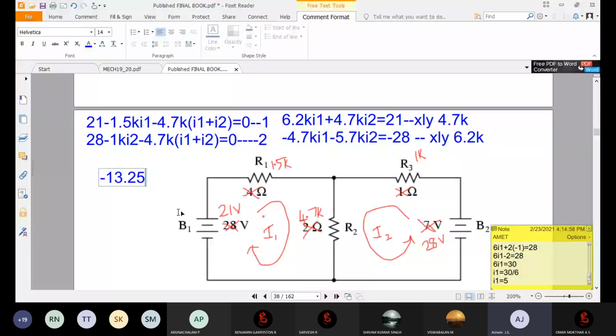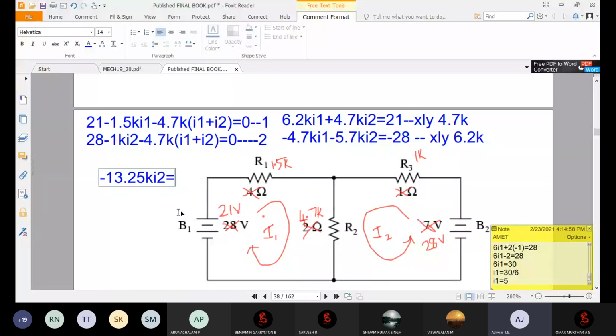Sir, this is I2. Yes, sir. So you're writing the equation: minus 13.25k into I2, I2.